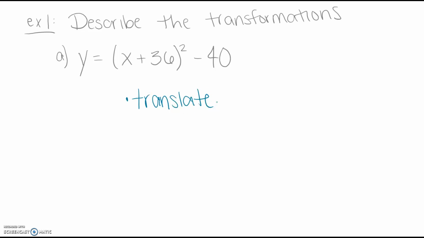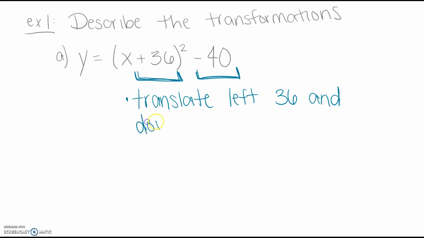And then how are we translating it? Well, we have plus 36. That's affecting the x values, and it's plus. So that means we're going to translate left 36, and because there's a number on the outside, we're going to go down 40. And that's it. Again, can't emphasize this enough, guys. If you don't write translate, you will lose a point or half a point.